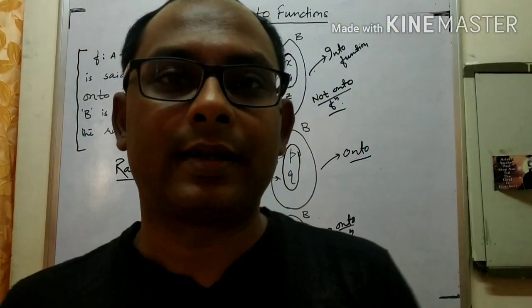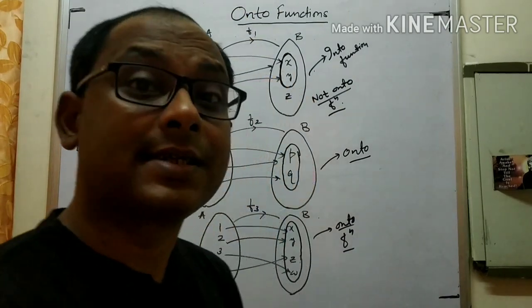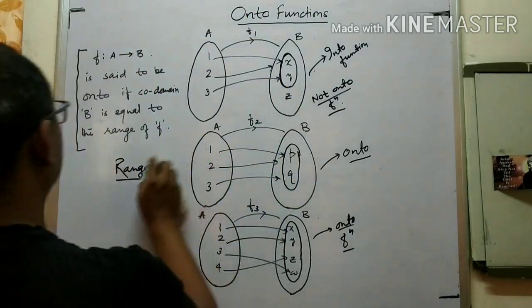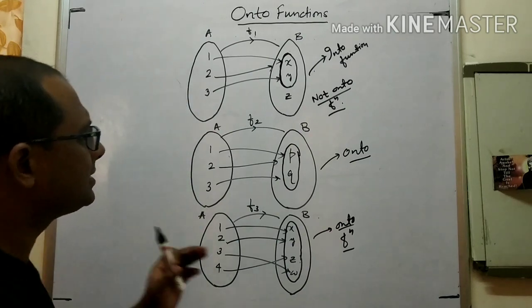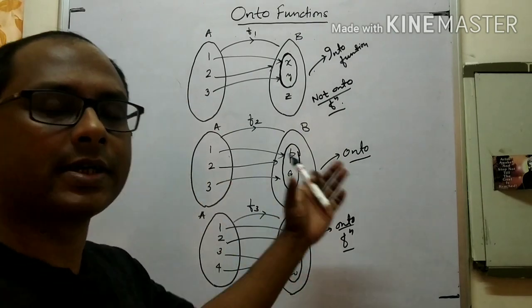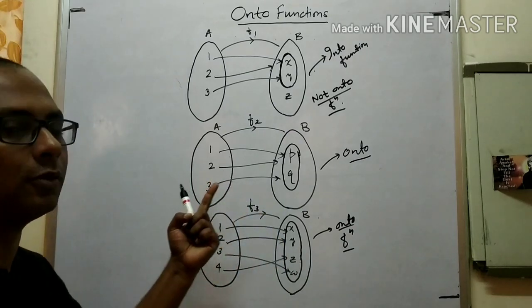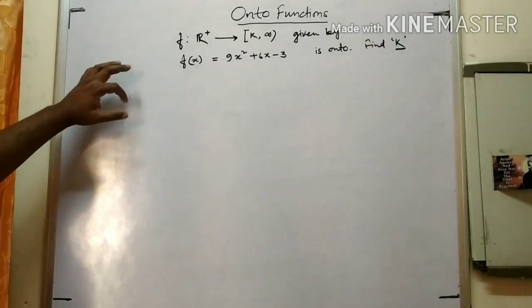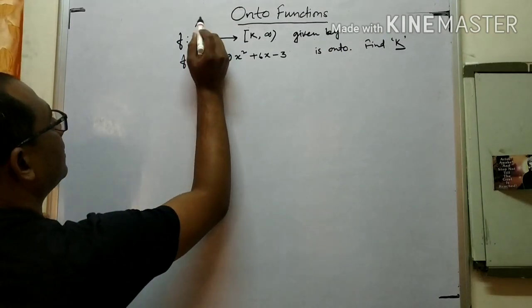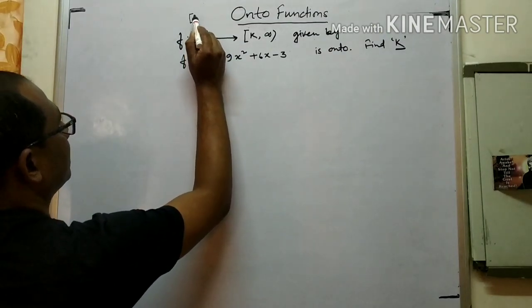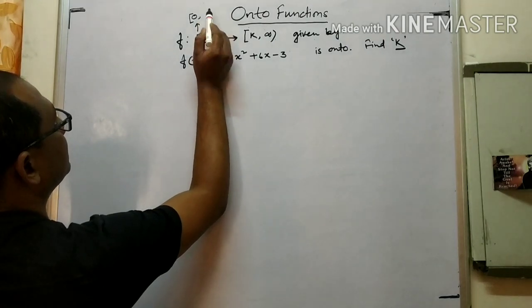Okay, so let us discuss a few examples. We'll go one by one. Basically, we'll try to find out the range and check whether it is equal to the given codomain or not. Now this function is running from R plus. R plus is the set of non-negative real numbers, which means 0 to infinity.